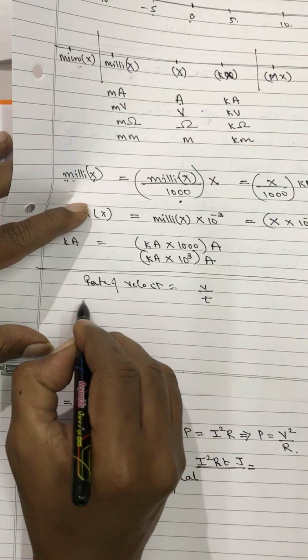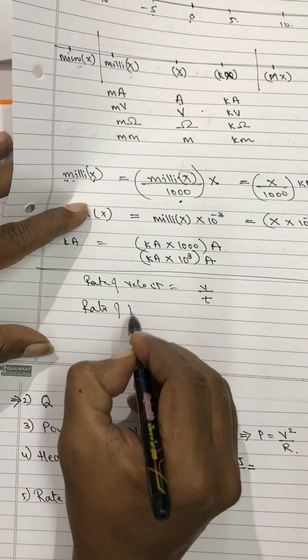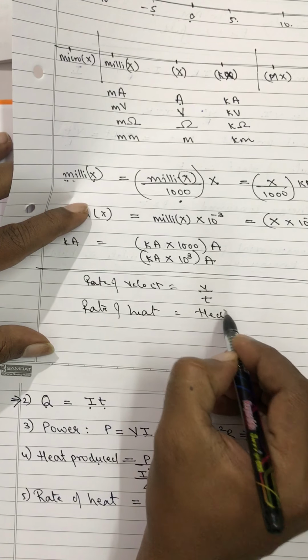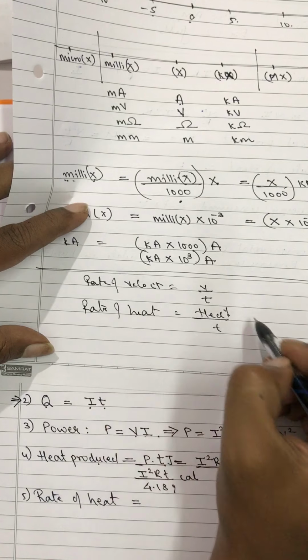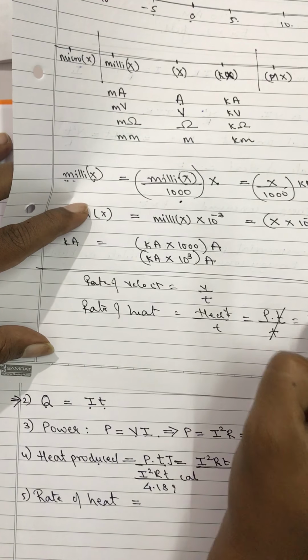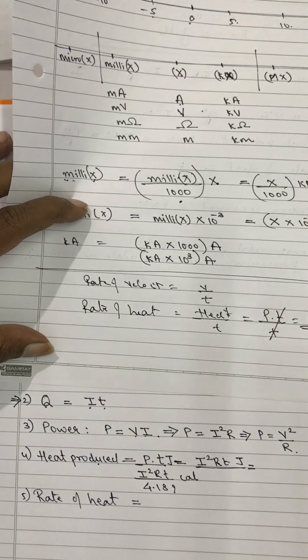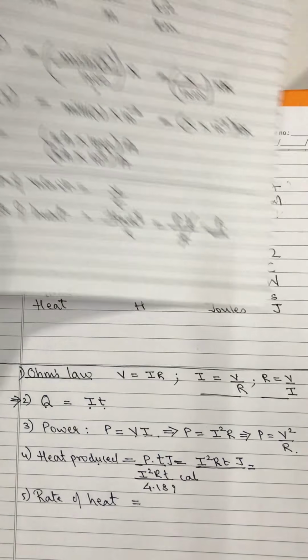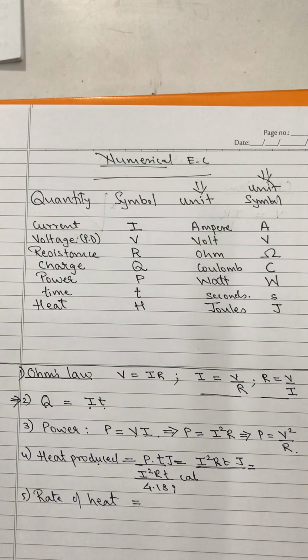So basically rate of heat also will be heat upon time. But heat, we know, is power into time, so heat upon time is power into time upon time. The time will cancel and it will depend only on power. How fast the heat is going to be generated by the bulb will not depend on time, it will depend on the power of the bulb.